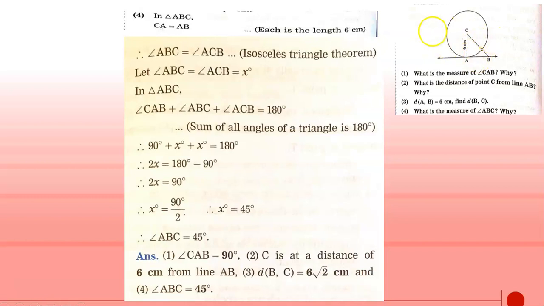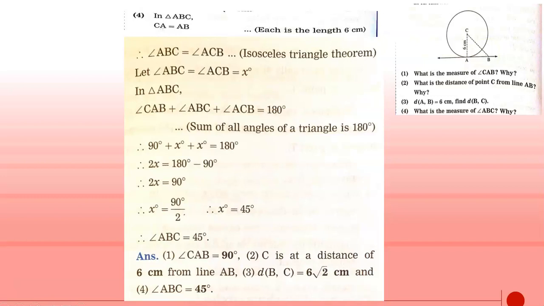So, on the basis of this, I can say that angle ABC equals angle ACB, because these two sides are equal. That means this triangle is an isosceles triangle. Therefore, these two angles are equal.